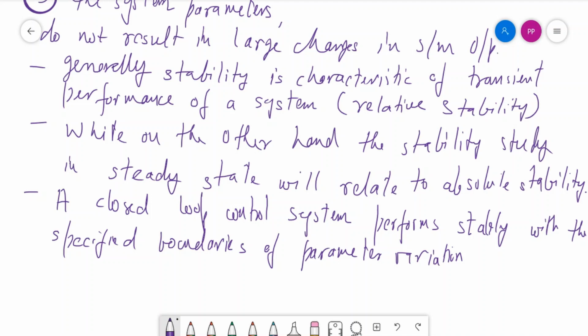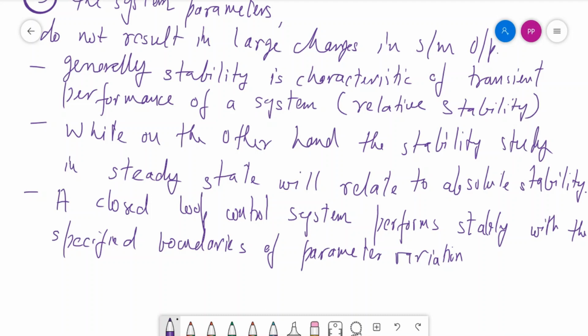So when we speak about a linear time invariant system, which is actually the system of our study in our context, this model is stable provided certain conditions are satisfied. So for that we will study the asymptotic stability criteria.